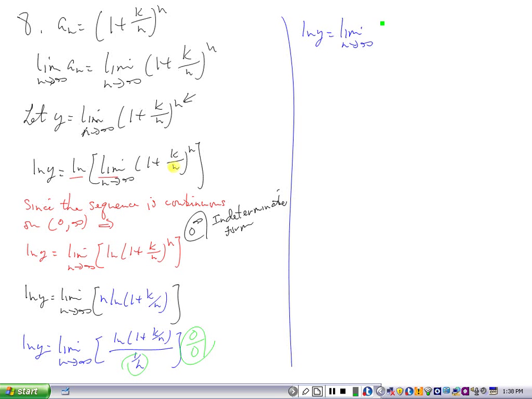So when we do that, we have here the derivative of our numerator, which is 1 over 1 plus k over n times the derivative of that denominator.